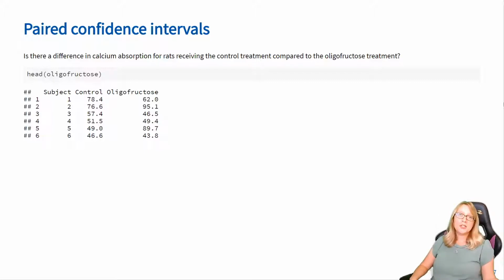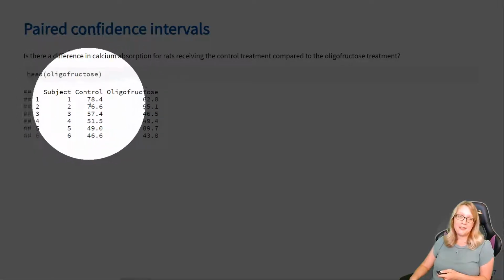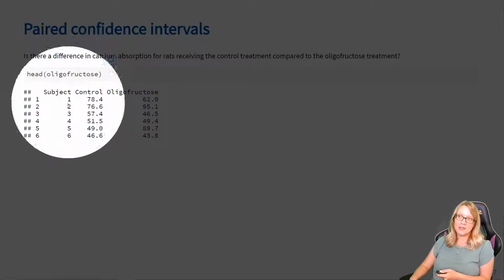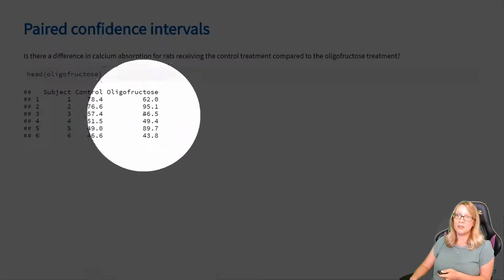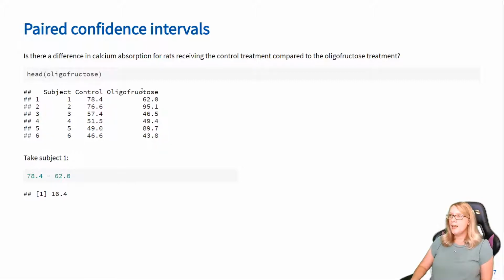So here's the first 6 observations of this data set. The name of the data set is oligofructose with a lowercase o. The columns all have capital letters beginning them. So subject, control, oligofructose with a capital O is the variable. So for subject 1, the difference between control minus oligofructose was 78.4 minus 62, or 16.4.